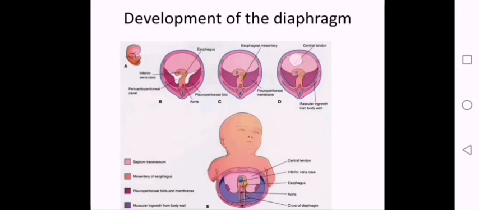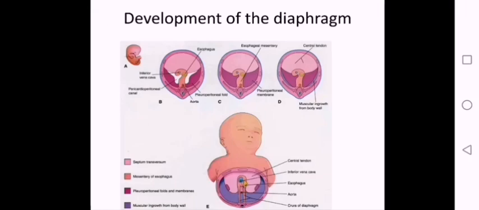Also, the phrenic nerve gives sensory fibers to the superior and inferior surfaces of the right and left domes of the diaphragm.